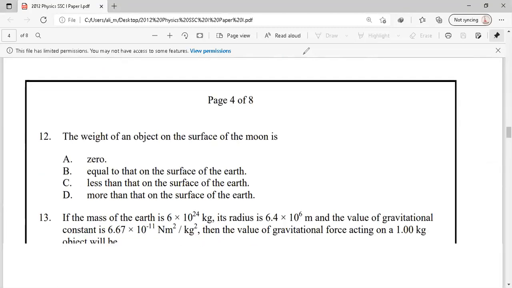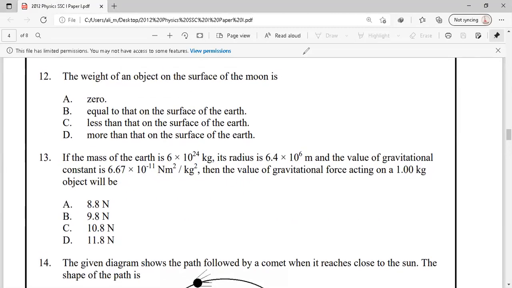Let's come to our question number 12 and 13. The weight of an object on the surface of the moon is less than that on the surface of the earth. The weight of that object on the moon is always less than the weight on earth.